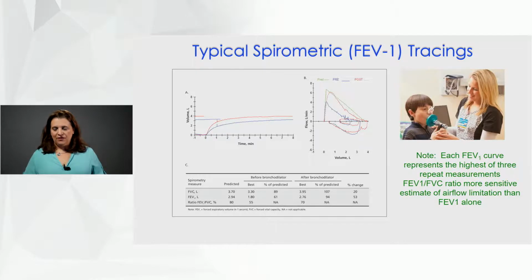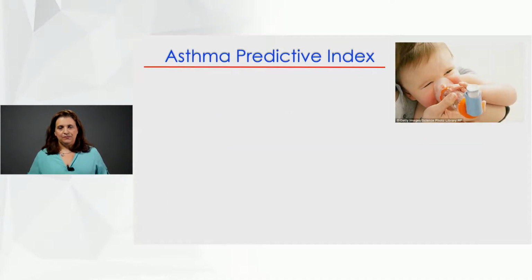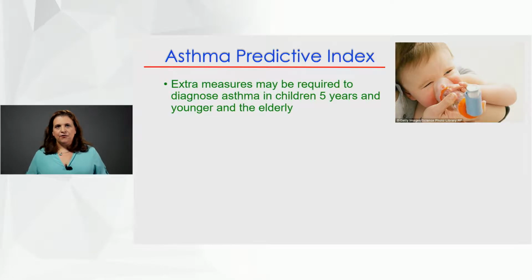In children, FEV1/FVC should be 85 or greater. In children who are younger, asthma is harder to diagnose. Therefore, the Asthma Predictive Index has been developed.